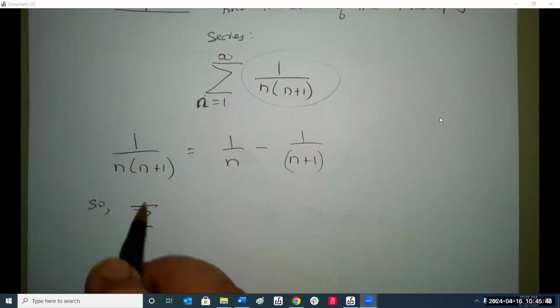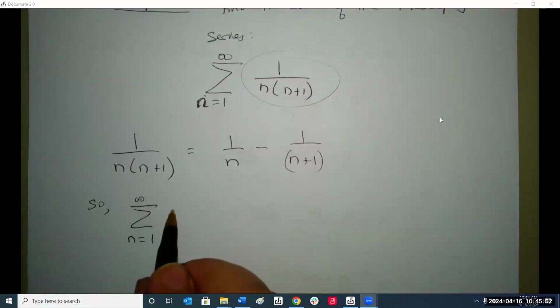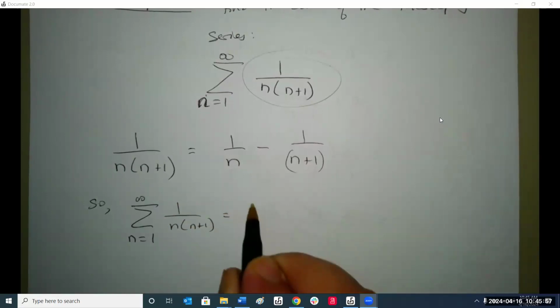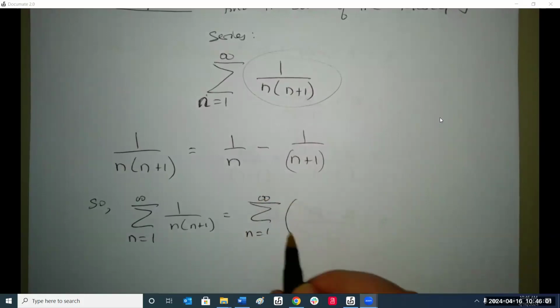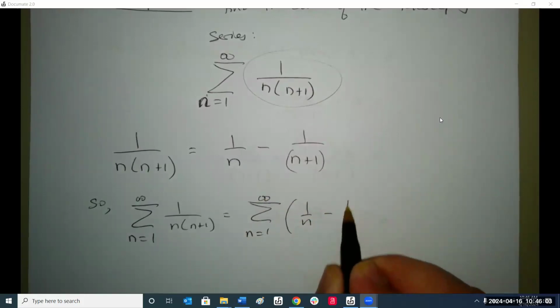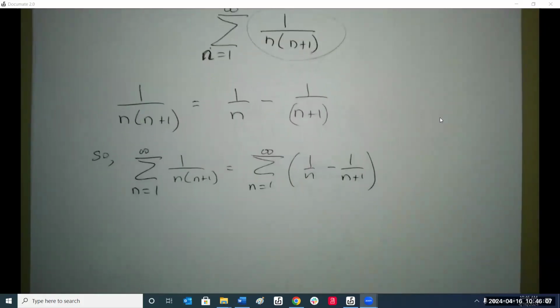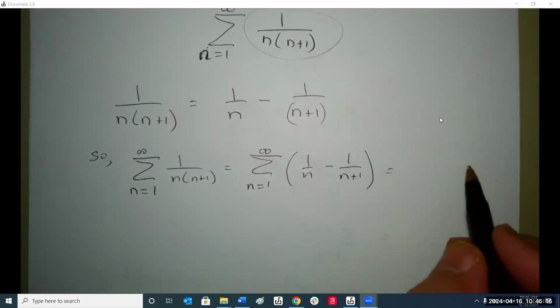So the summation from n equals 1 to infinity of 1 over n times n plus 1 is the same thing as the summation of 1 over n minus 1 over n plus 1. We could split them up, or we could keep it together, and do 2 summations.